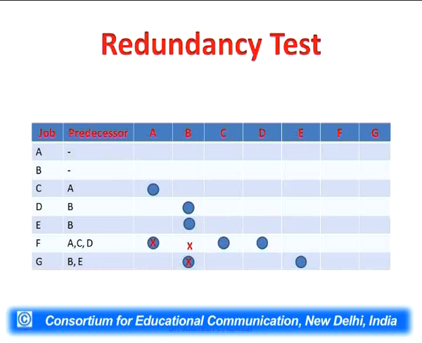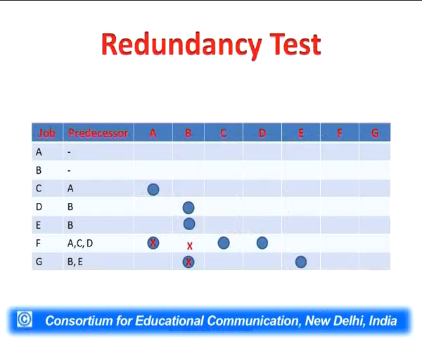After completing this table, wherever a circle and a cross are separately marked, we will not touch those activities. But where a circle and a cross are together mentioned, that activity is the redundant activity. In activity F, A, C, D are mentioned, but under A there is a circle and there is a cross.